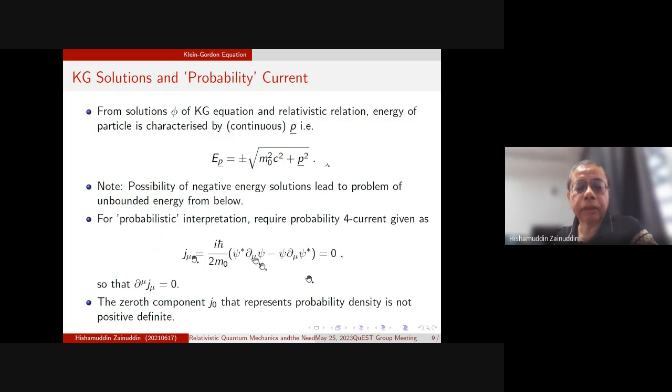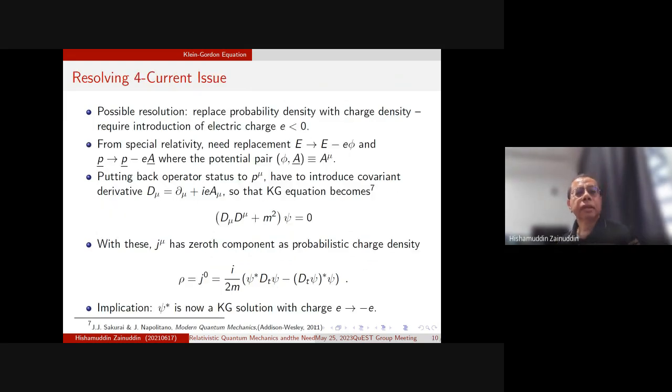So there's a problem of understanding this probability density for the relativistic version. However, this can be resolved in some way. The resolution is to not consider probability density, but what we call the charge density.